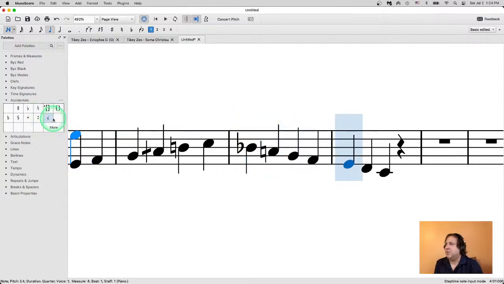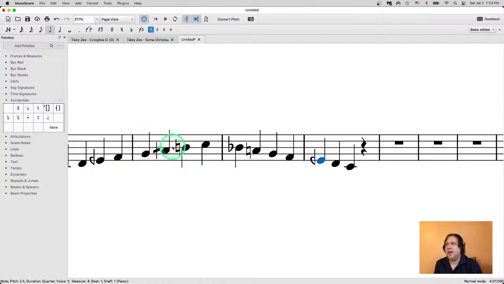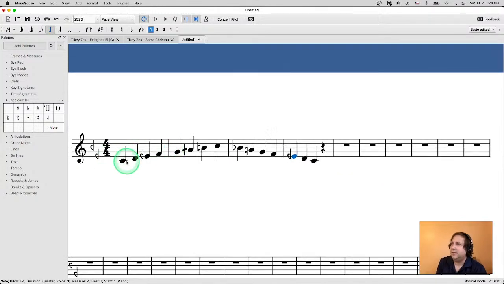And then this is, once again, a backwards flat. You don't have to put the backwards flat in because it's already in the key signature, but I'm just doing it so that when we run this plugin, we should be able to run a plugin here.